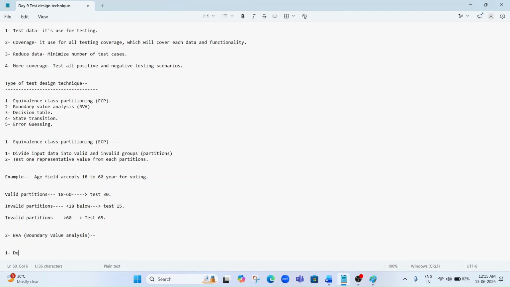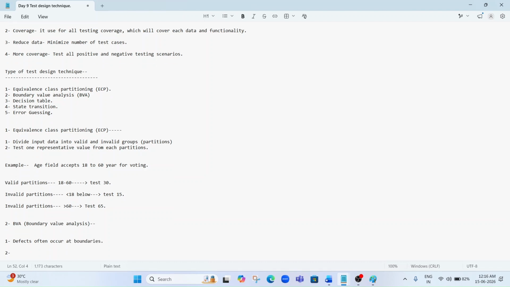The first point of boundary value analysis: defects often occur at boundaries, and we test values just below and just above the limits. I'll show you an example so that you can easily understand. If any scope is given to us by the client, we will use this technique and always test the boundaries in that application.